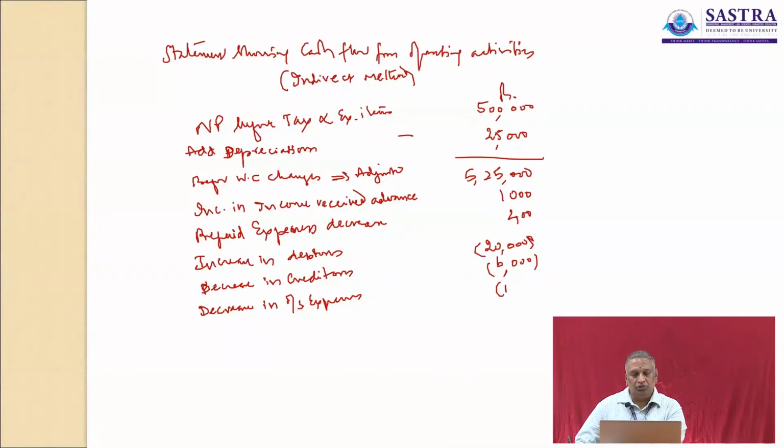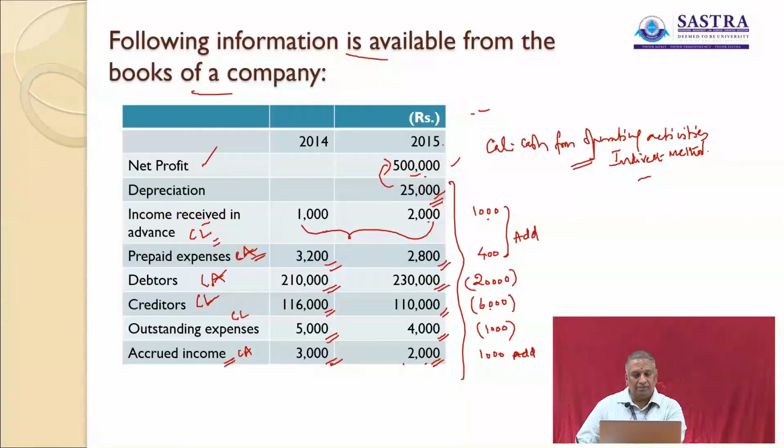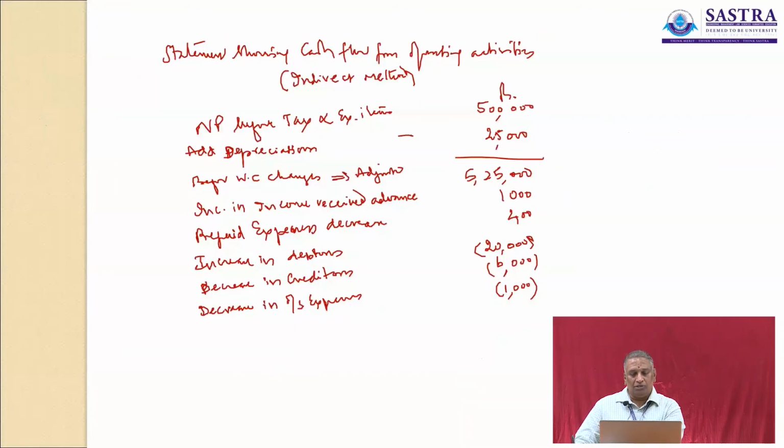That means you have used your cash for making payment. That means your cash in hand will decrease. Then accrued income, that is income earned but not received, your current asset is decreasing. So income is decreasing comparing to the opening and closing balance, to be added.